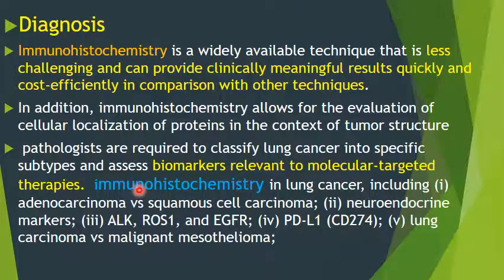We must diagnose the tumor very precisely, whether it is squamous cell carcinoma, adenocarcinoma, small cell carcinoma, or, if we couldn't identify or demonstrate the morphological features or the immunohistochemical category of these tumors, we can diagnose it as large cell anaplastic carcinoma.